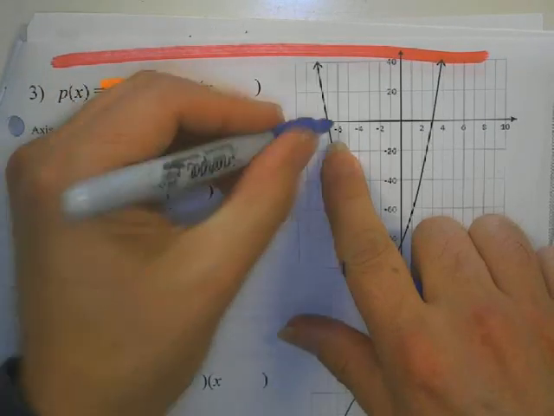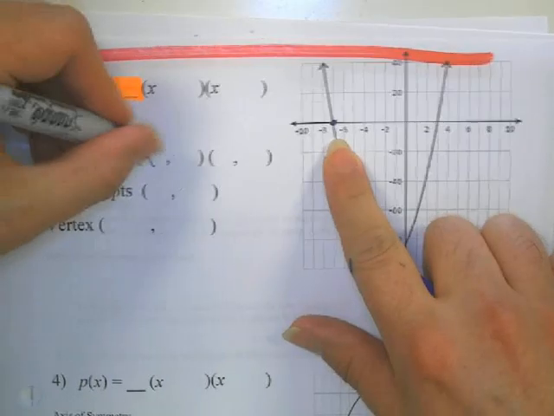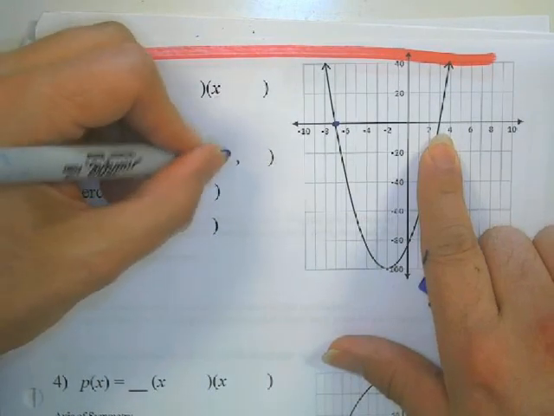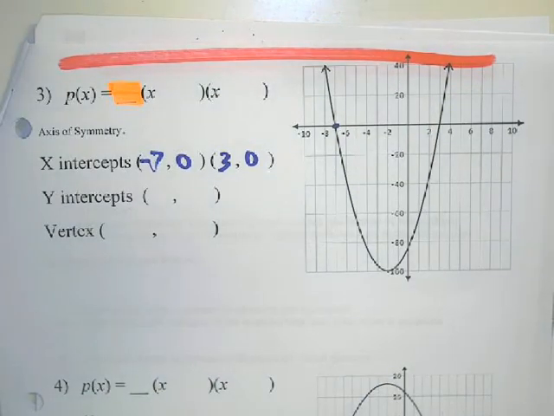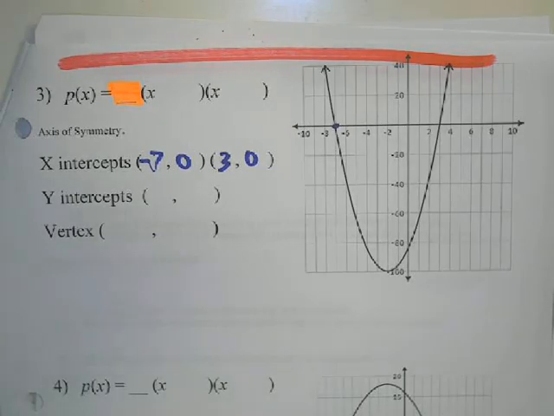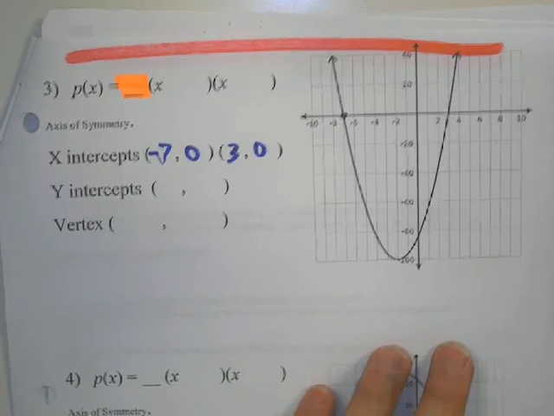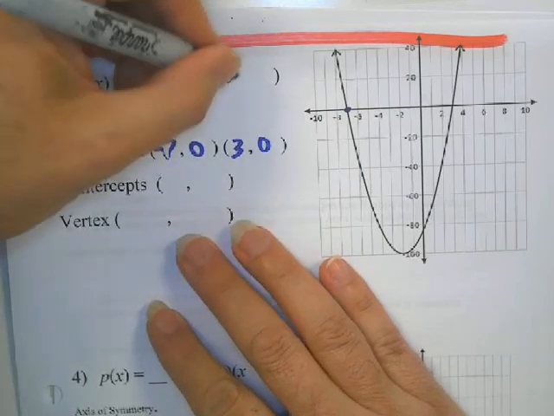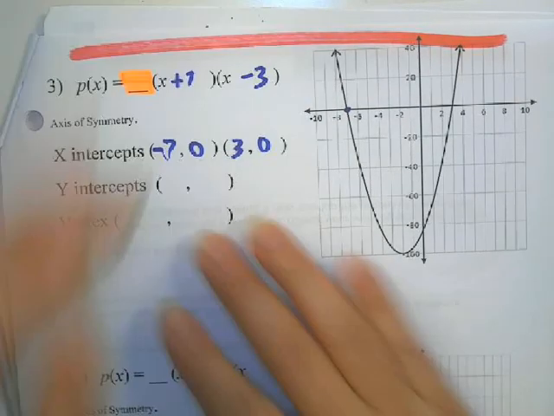This is at negative 7. This here is at 3. And so this is going to be x plus 7 and x minus 3.